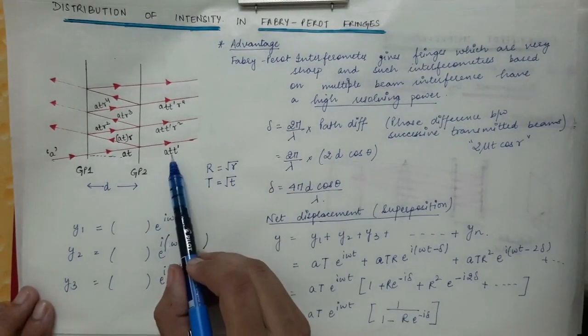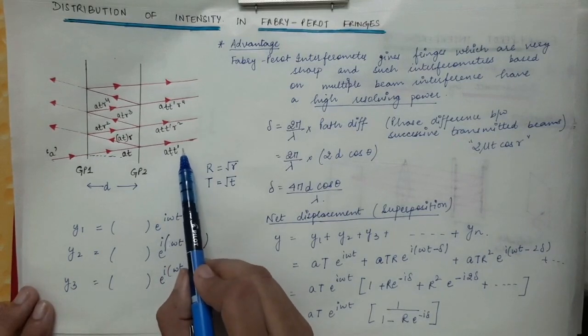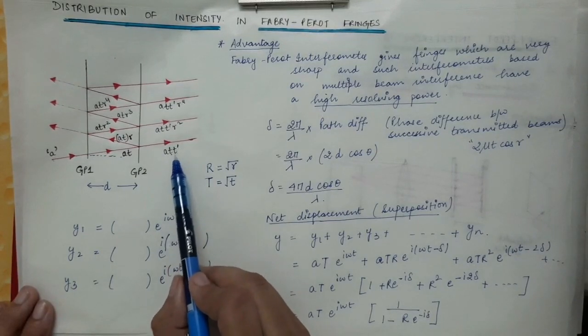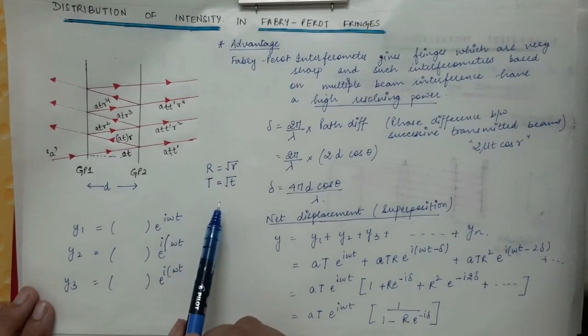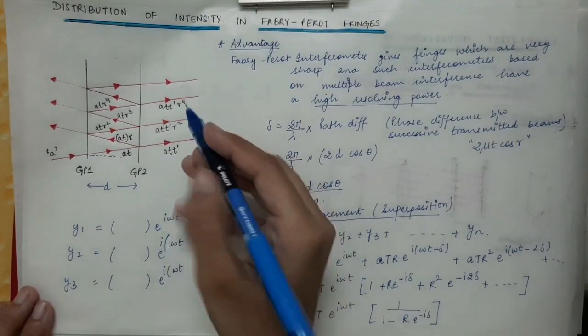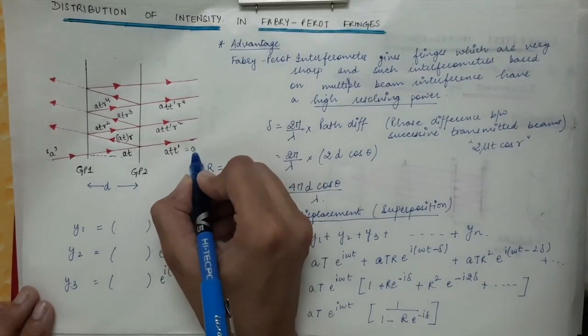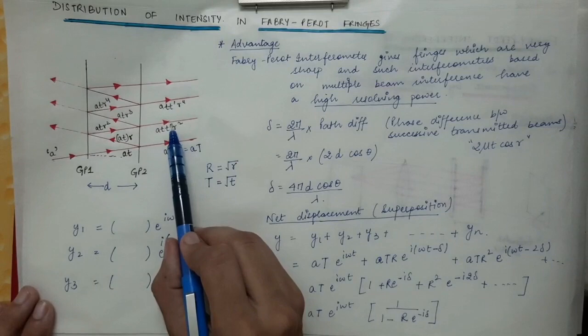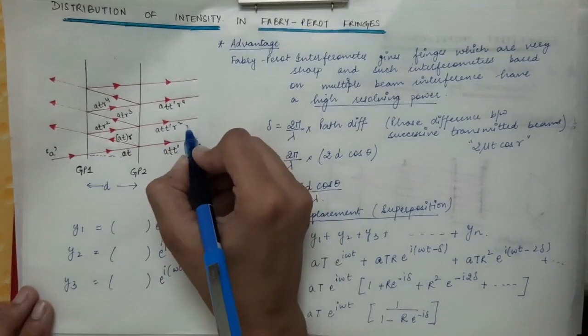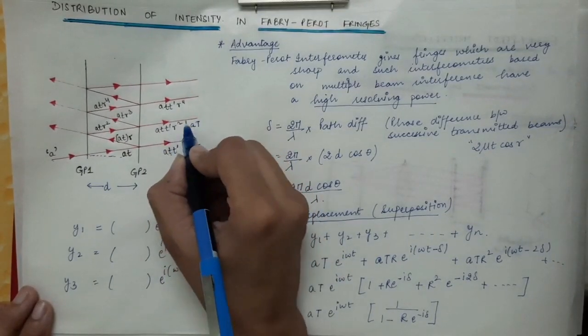So in this case, we have t into t prime, which will be equal to capital T, and the amplitude will be equal to A into capital T. Then the amplitude of the second ray will be equal to A into capital T into r square.